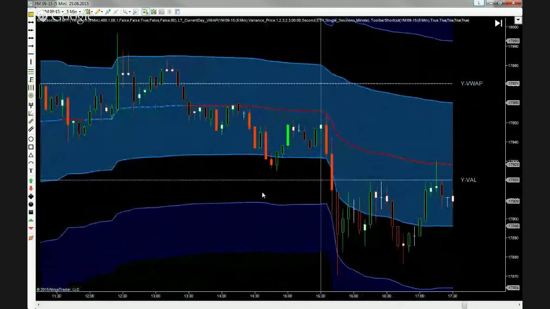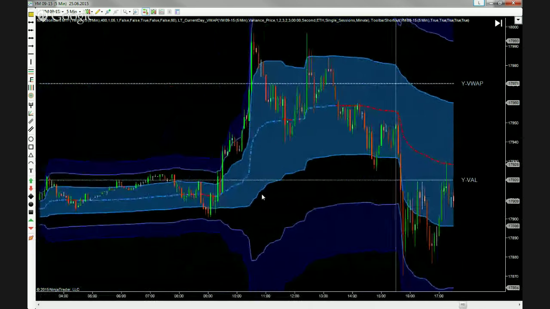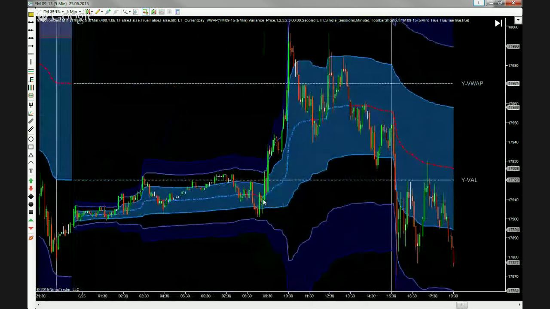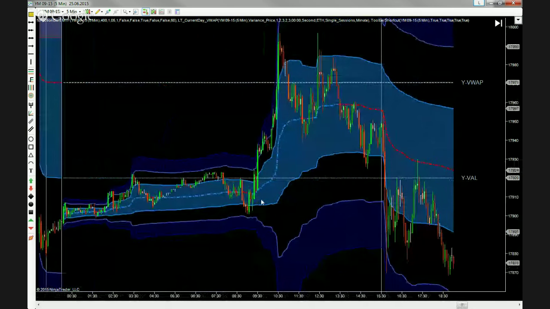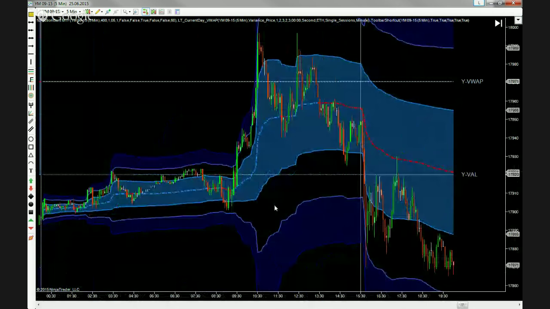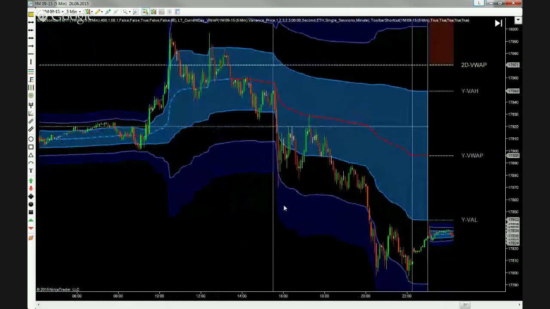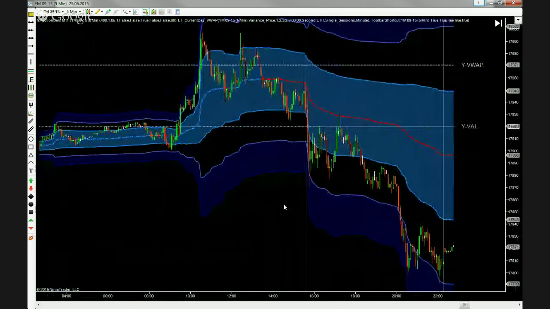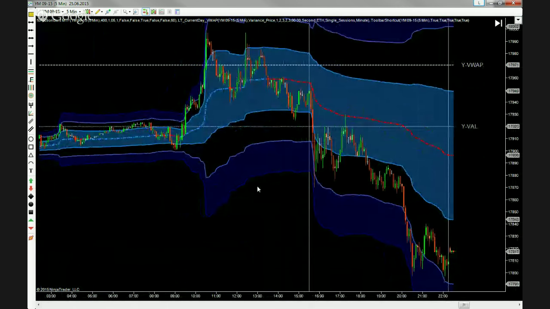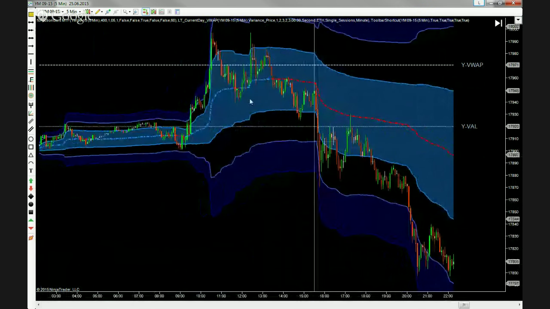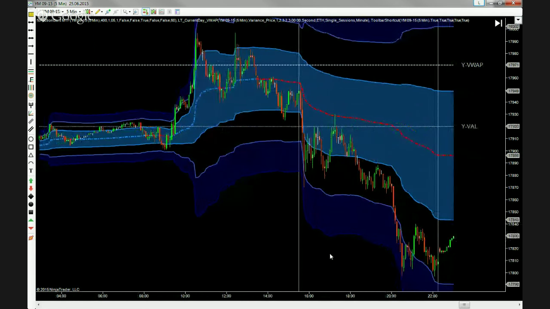Let's compress this a little bit to have a better overview. And basically what it tells us is very similar to the rolling VWAP. So we have the value area here in light blue, and this here is the electronically traded session for the YM, and then here we have the cash session starting.